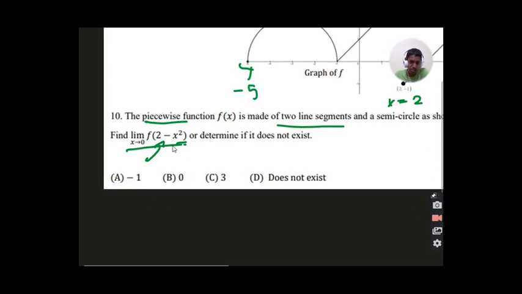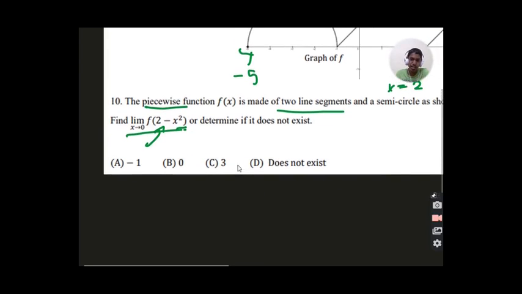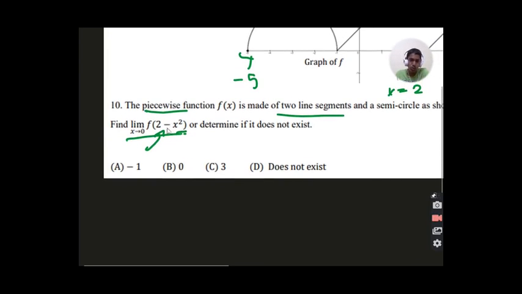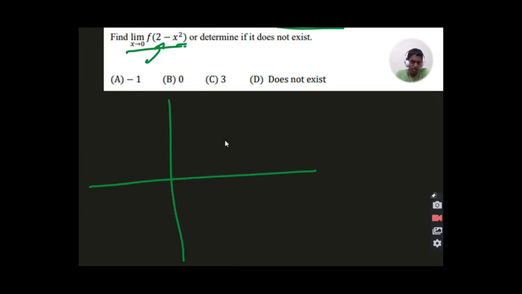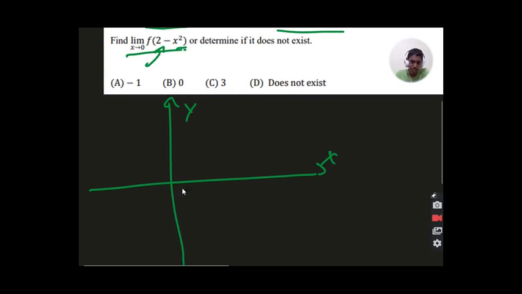Well, let's just look at this 2 minus x squared, because where that function goes will determine how we approach f of x. Maybe if I explain more, it'll make more sense. Okay, here's our little graph. So 2 minus x squared, what does that look like? I know it's going to be a downward parabola.